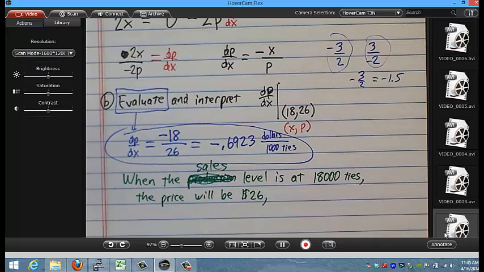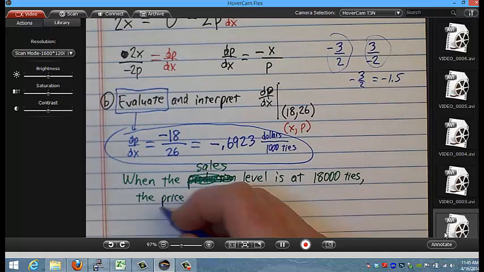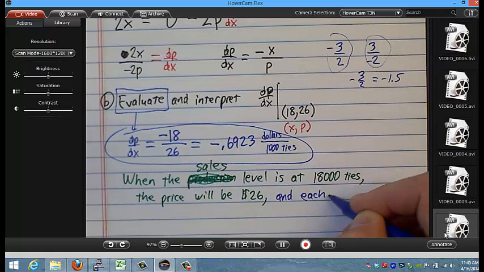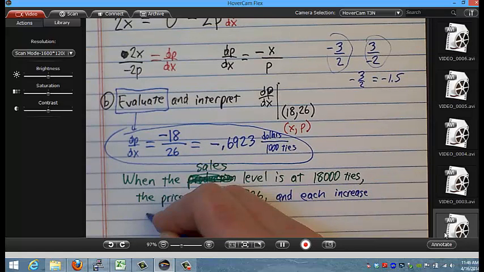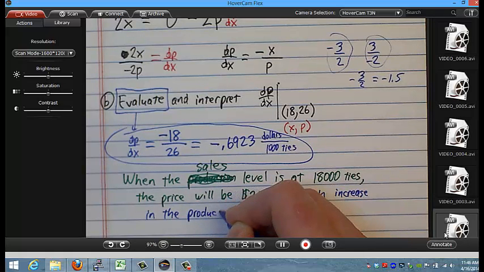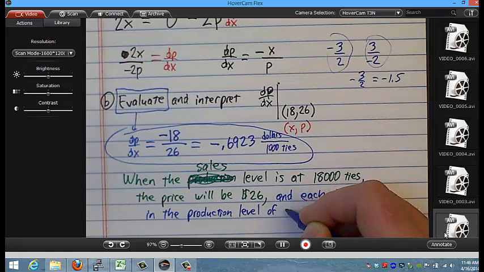But now I'll interpret what we just computed, okay? And it is decreasing. It's decreasing if I do what? Yeah, that's right. And each increase in the production level, or I said production again.